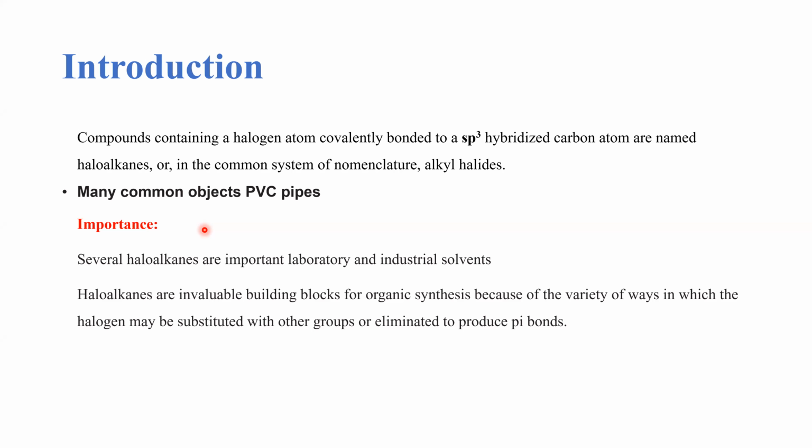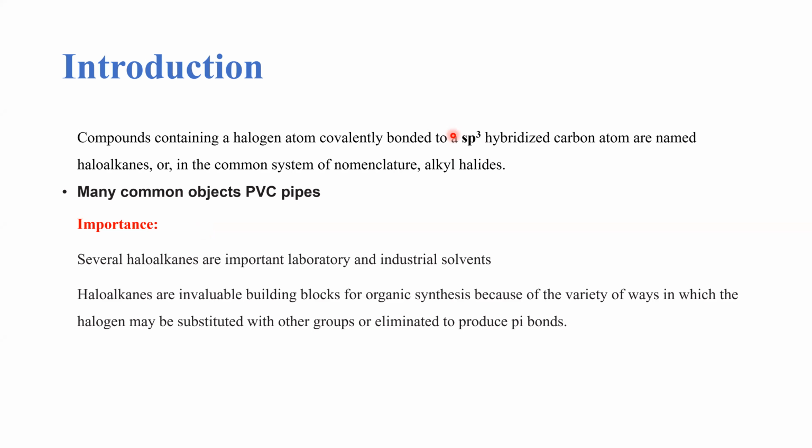If you want to define the alkyl halides, these are the compounds containing a halogen atom which is covalently bonded to an sp3 hybridized carbon atom. The sp3 hybridized carbon atom is only the case when we are talking about the haloalkanes, so just keep in mind.